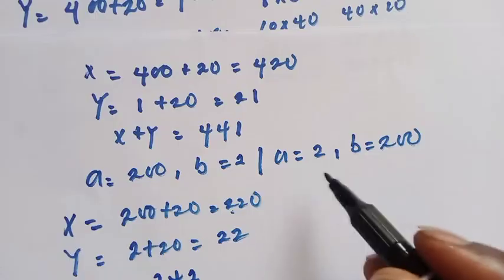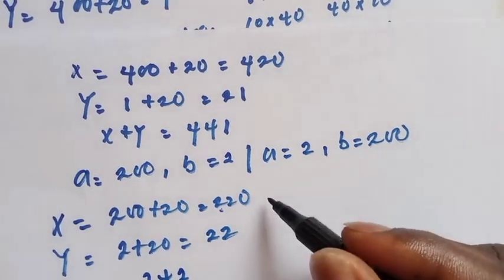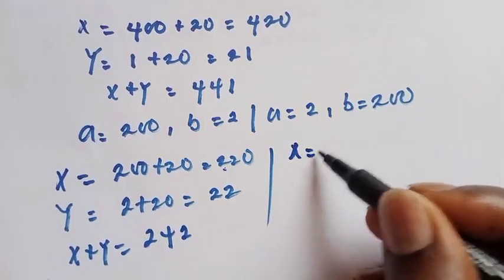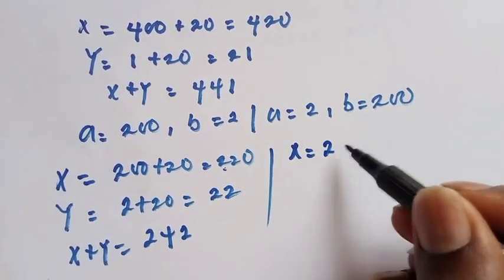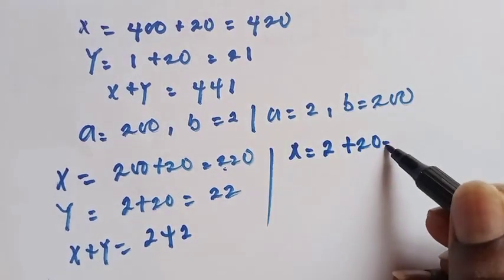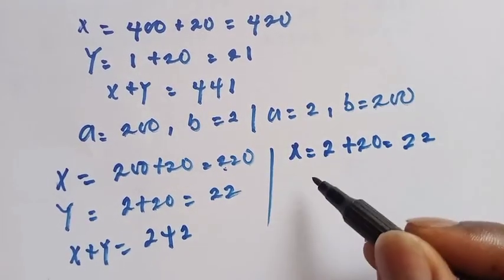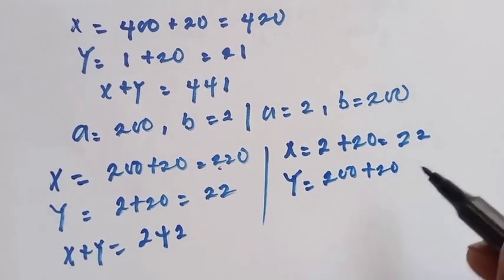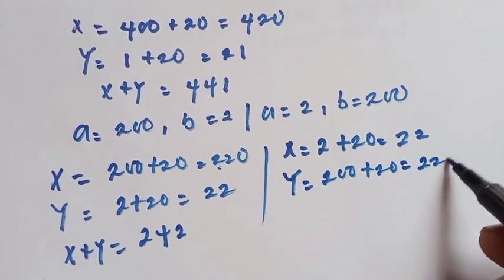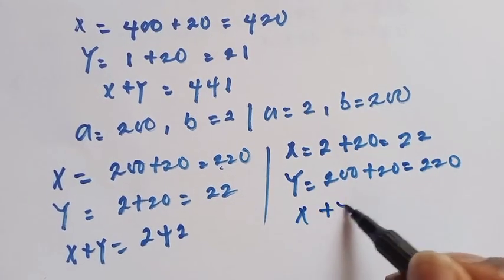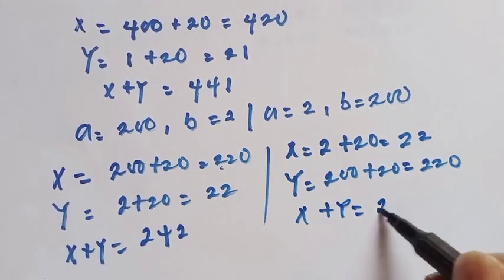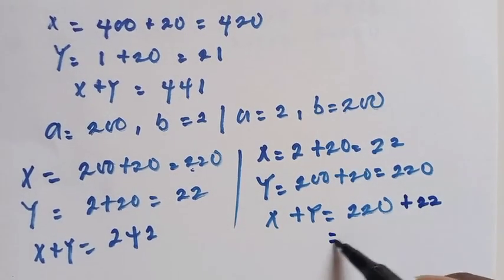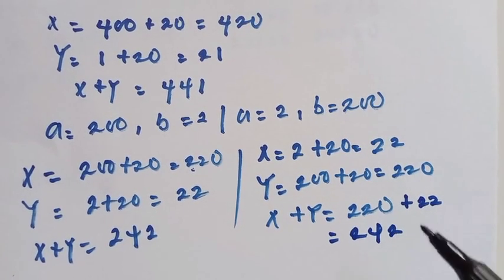And then at this side, if we swap, we have that x is equal to 2 plus 20, which is 22, and then y is equal to 200 plus 20, which is 220, and then x plus y is equal to 220 plus 22, which is 242.